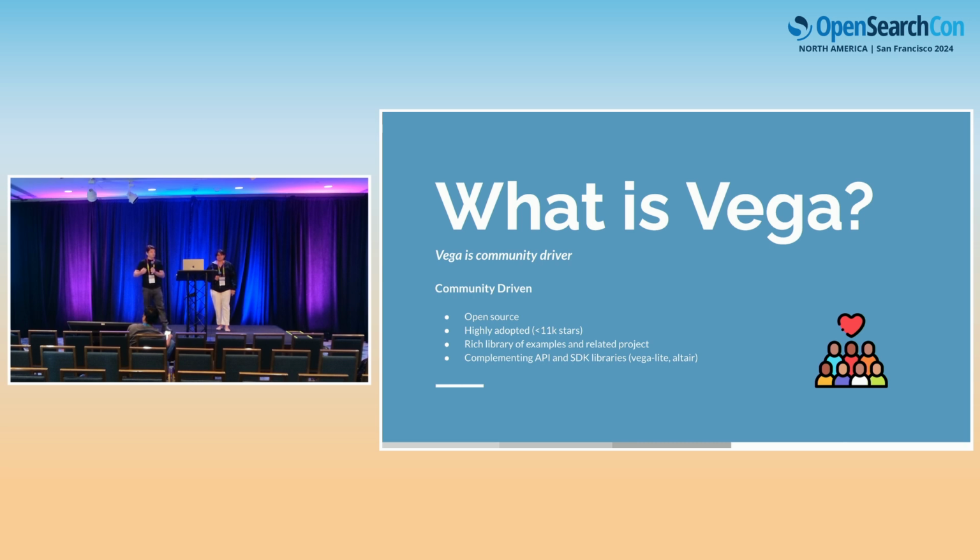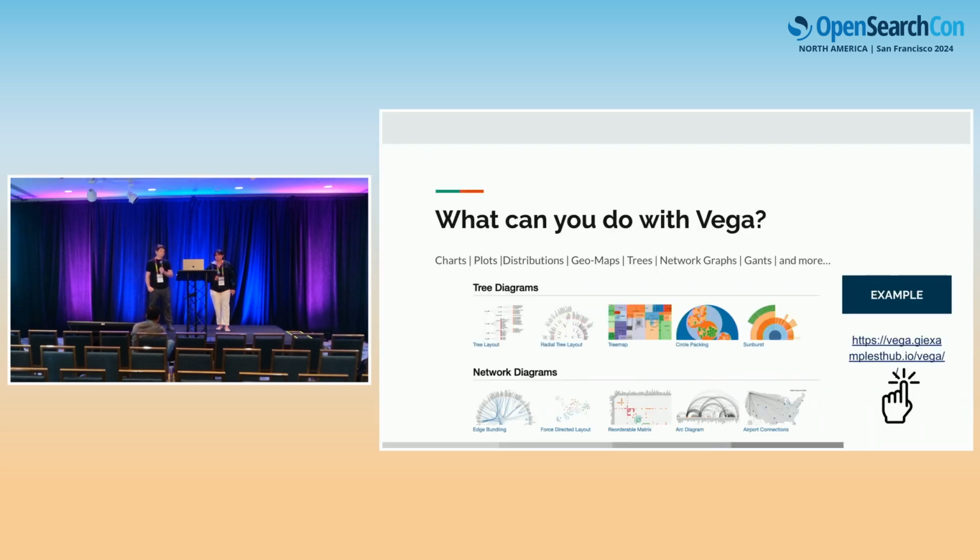It has supplementary API and SDK libraries for Python, Altair, and for JavaScript. It has Vega-Lite, so you can not only use Vega, which is JSON-based, as a direct language, but you can also use an API to generate and construct that language very efficiently.